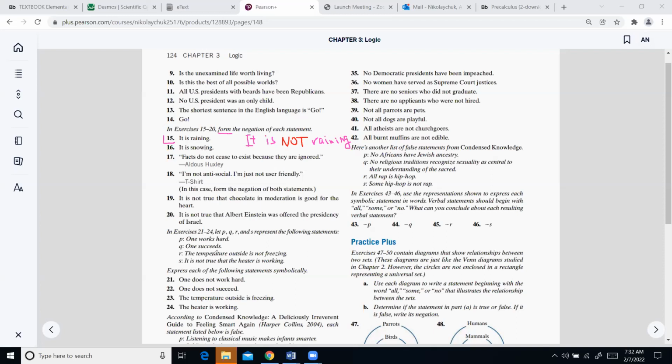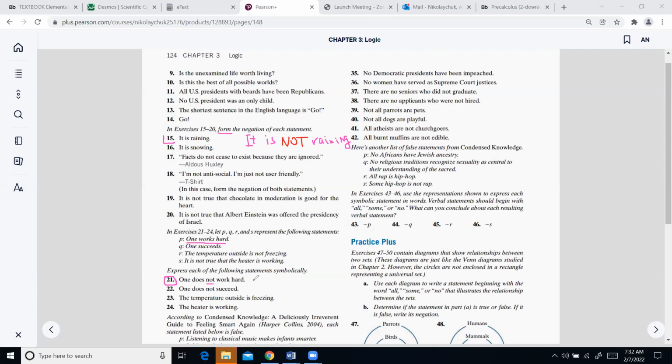Probably you will utilize something analogous for the others, which is kind of interesting. How about if you try an exercise in the next group, like number 21, that says one does not work hard. In exercise 21, they're talking about a statement that deals with P above, but it also has negation in it.